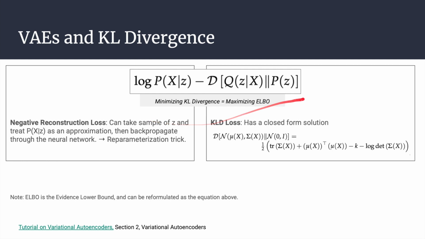So we have this loss function, and this is the negative reconstruction loss. And we'll get to that in a second. But this is the KL divergence between q of z given x and p of z, which actually has a closed form solution, which looks like this and can be simplified, but you don't really have to understand.